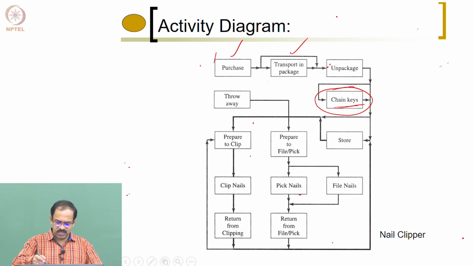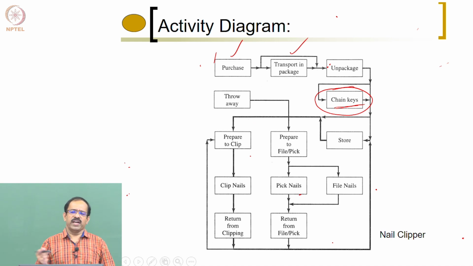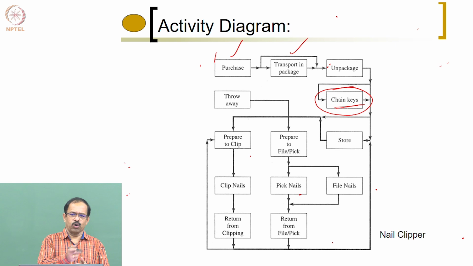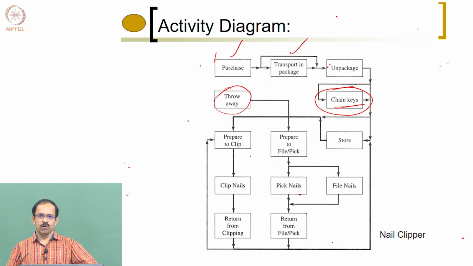So continue like this, and at some time you will find that it is not worth keeping it, so you will throw away. So when you throw away, what are the issues involved? What kind of needs are there when you have to throw it? Can you throw it directly into your normal waste basket, or do you need to have a separate waste basket?